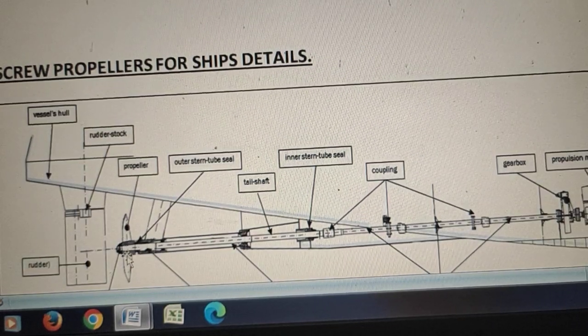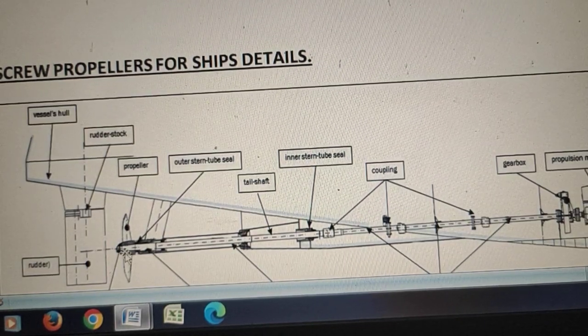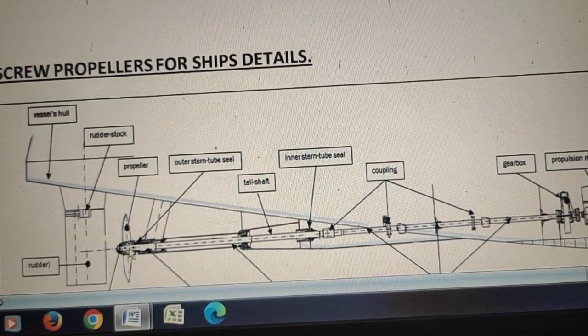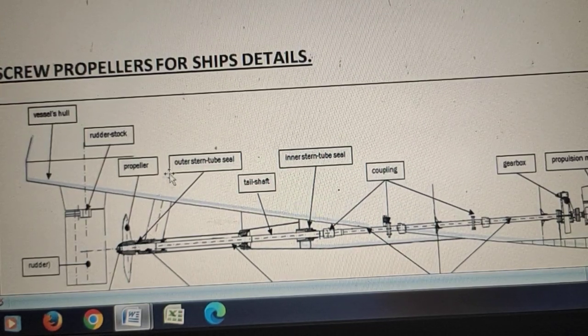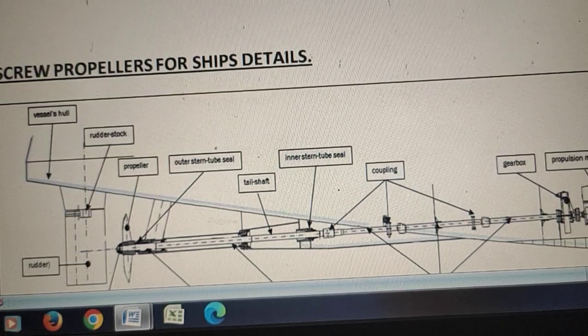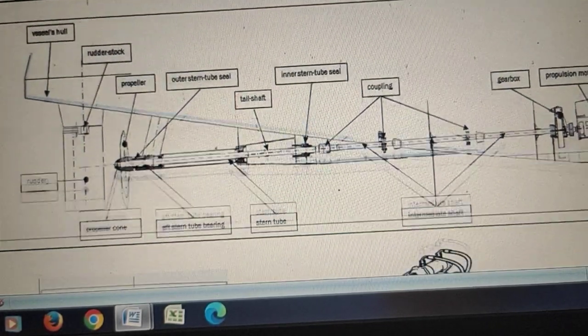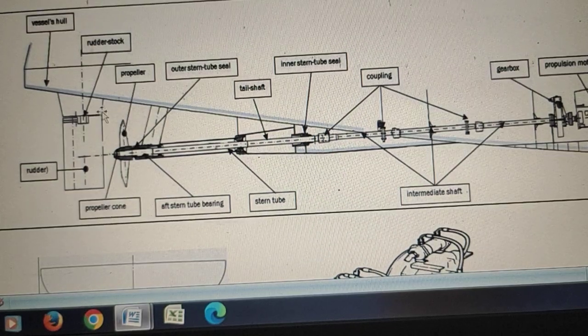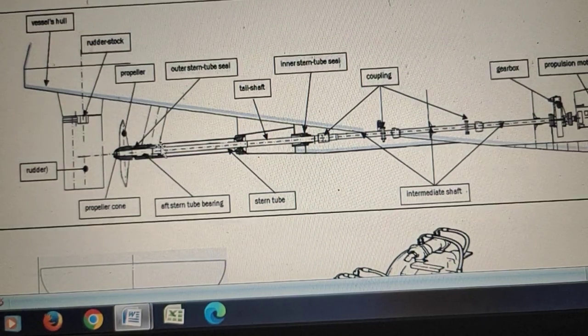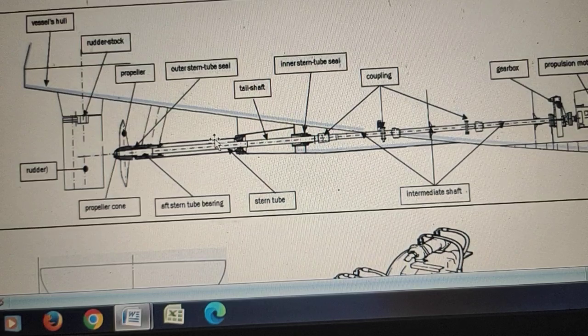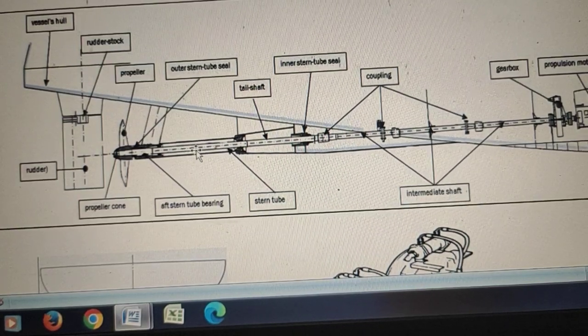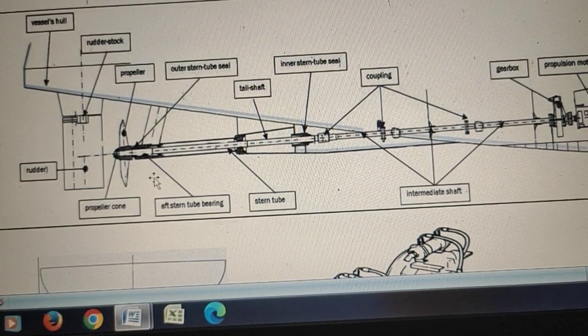So we have the propeller. This is the propeller here. The propeller is connected to the outer stern tube, right? And then there's a bearing, and this strut is holding a pipe we call the stern tube, in which the propeller shaft passes.